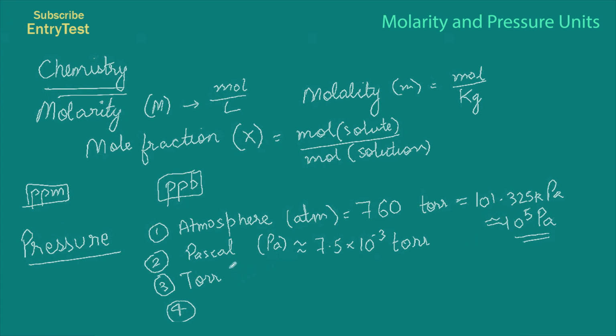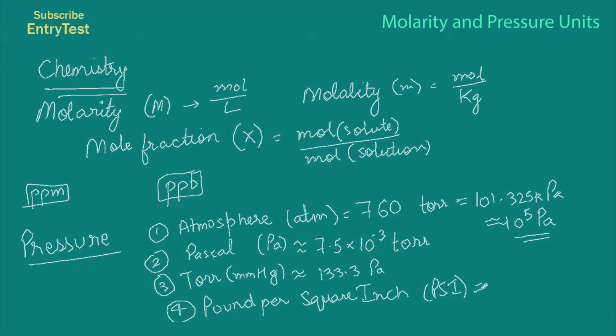Coming to torr, torr is actually measured in millimeters of mercury. And the value of torr is almost equal to 133.3 pascals. And the last one is pound per square inch, also known as PSI.